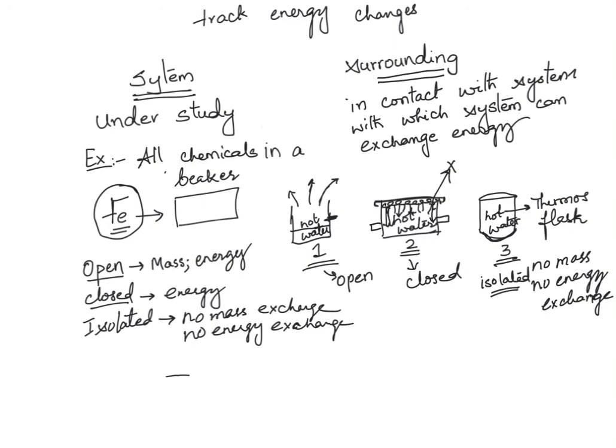This is not a forever isolated system. Depending on the type of flask, the type of container you are using, it could be isolated for a few hours. After that, the temperature of the hot water starts decreasing. If you take a thermos of hot water, it's not going to stay hot for 24 hours. It could be 6 hours or 8 hours. And for some water bottles that we carry, a few hours.